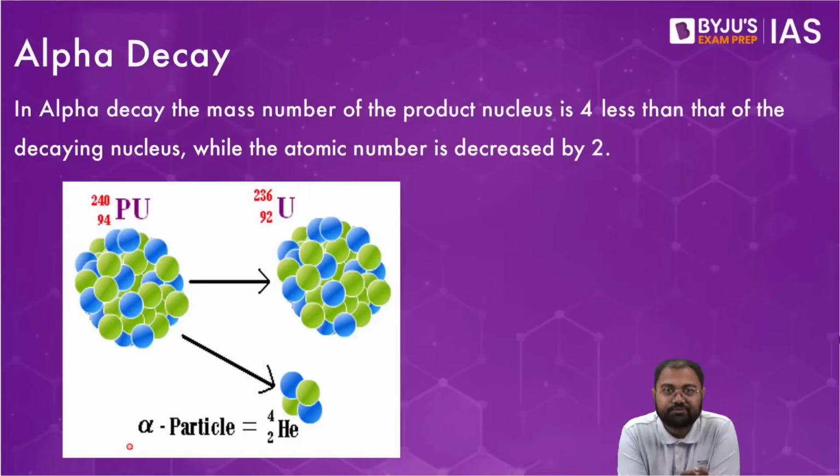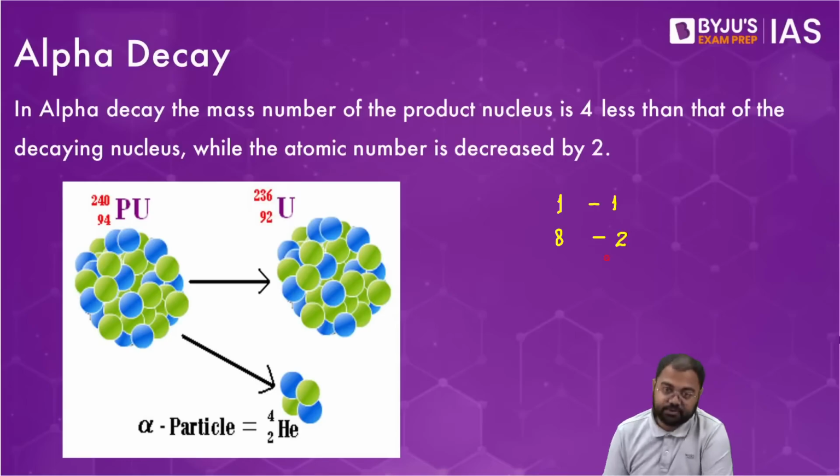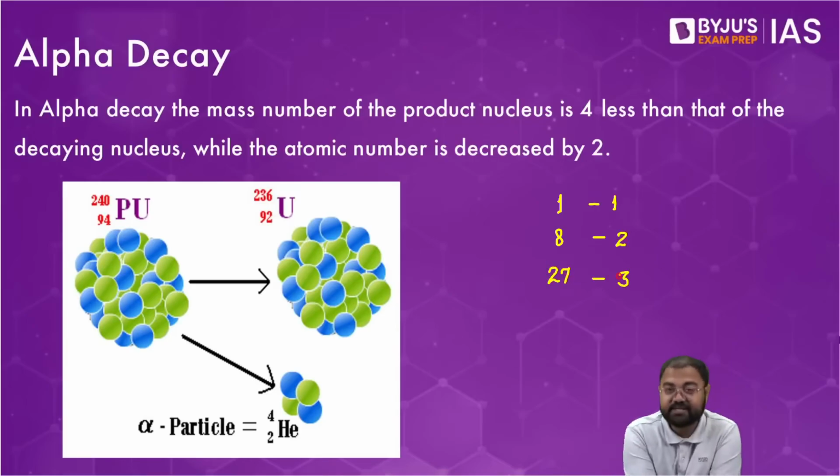So the size of the nucleus is proportional to the cube root of the number of protons or neutrons. If the number of these particles is 1, the size is 1. If the number becomes 8, then the size becomes only 2. When the number becomes 27, the size becomes only 3, and so on. So size is not increasing in that ratio, but the number of particles keeps on increasing.